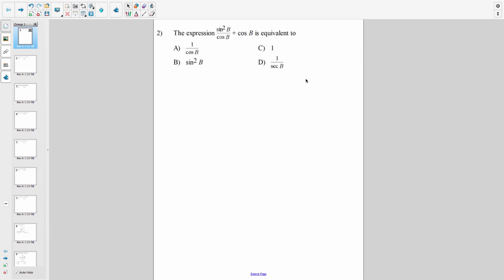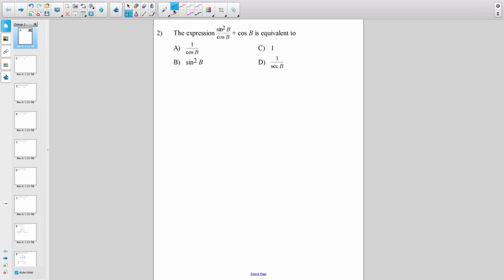Number 2, the expression sine squared b over cos b plus cos b is equivalent to. Well, this is all about identities. So I'm taking a look at all of these and saying, what can I do to make them more like sine and cosine, right?